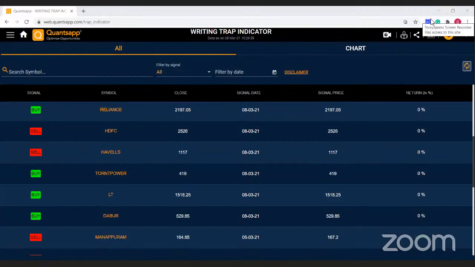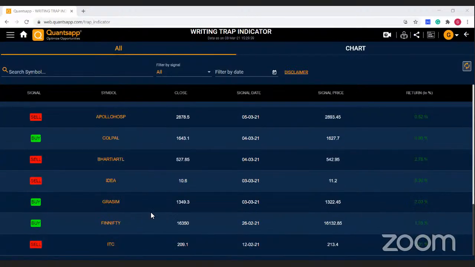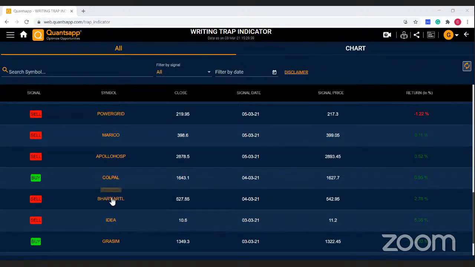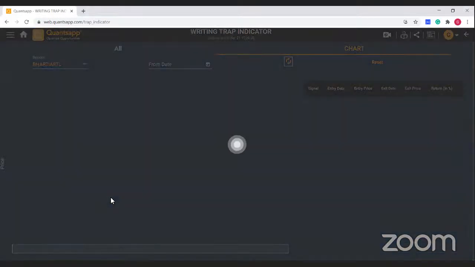Now, if I want to look at the signals that have come in the past, and what return this tool has given, let's say Bharti Airtel.